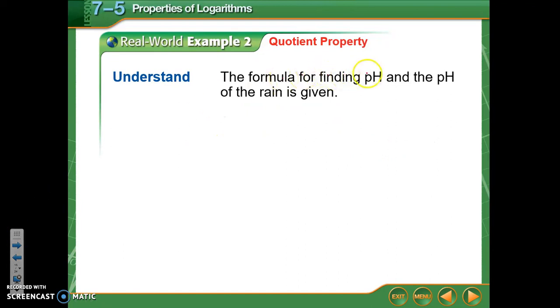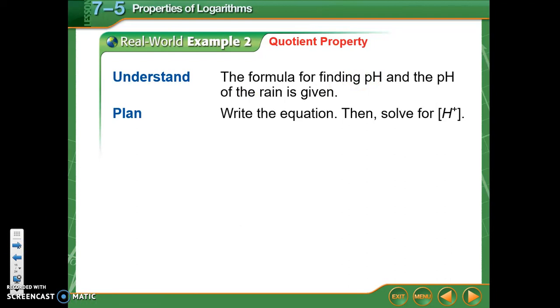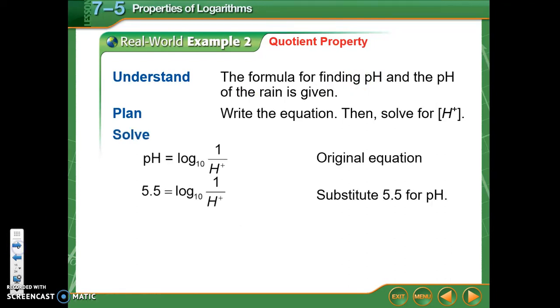So they give us the formula for finding pH, and we know the pH of rain. So we're going to write the equation and solve for H plus, because that's what we're trying to find. So here's our original equation. They told us that the pH was 5.5, so I replaced the pH with 5.5.